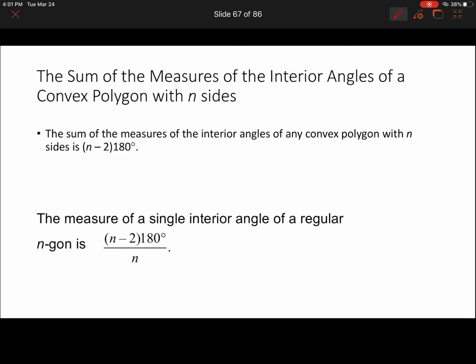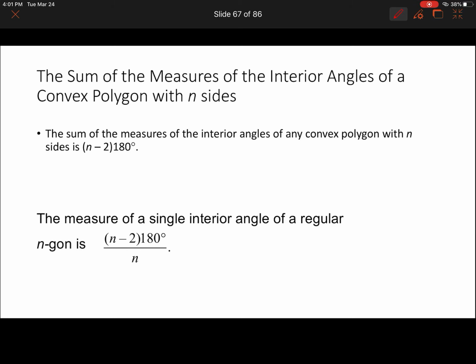All right, so the last part of section 11.3 that we're going to talk about deals with interior angles, specifically of a convex polygon. I told you a little while ago in a previous video that the measure of the interior angles of a triangle was 180 degrees.